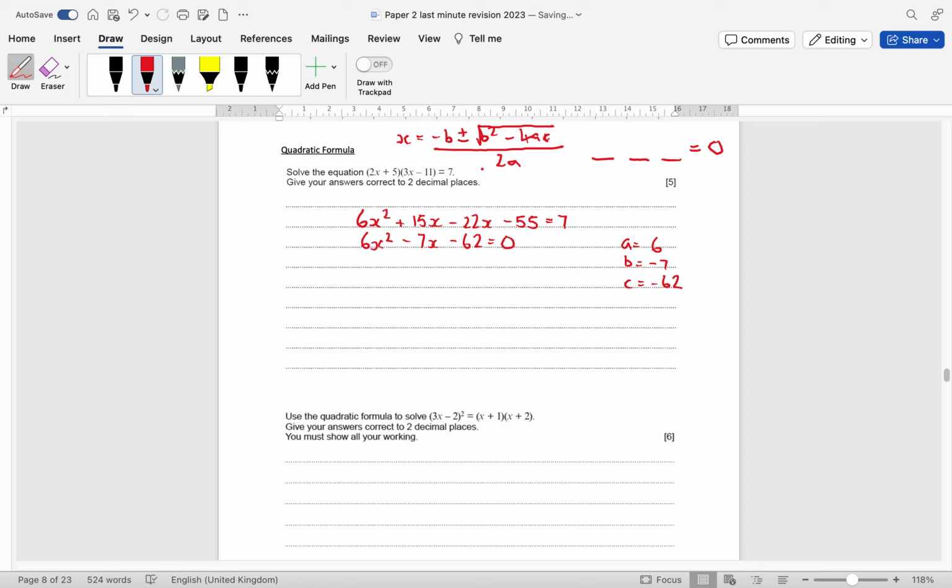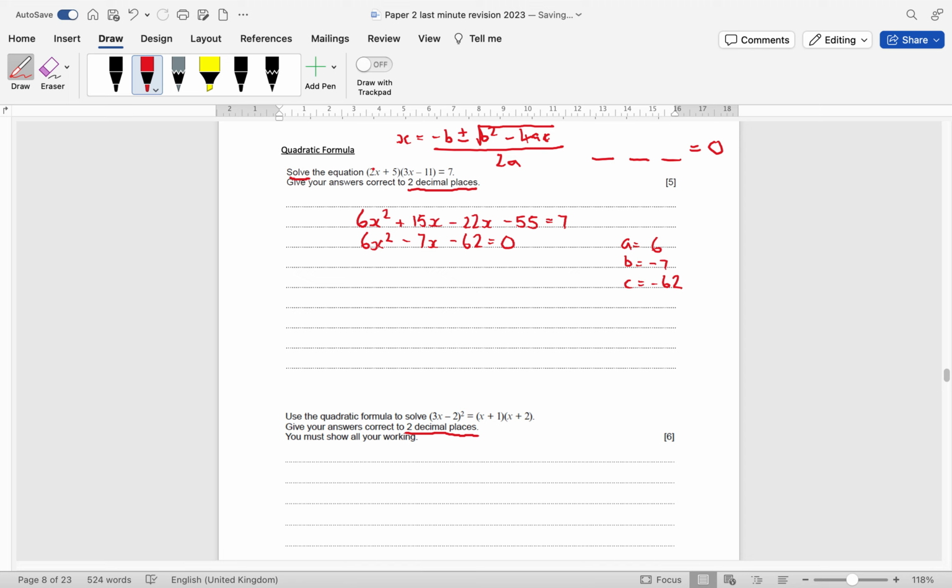So I've kind of started this one for us, okay? The clue to using the quadratic formula, though, is that you are solving something that appears to be a quadratic when we expand these brackets, and we're wanting answers to decimal places. Again, that suggests that we need to use this quadratic formula, okay?